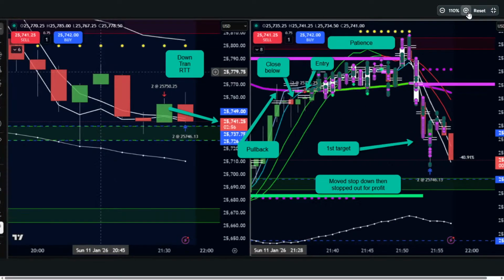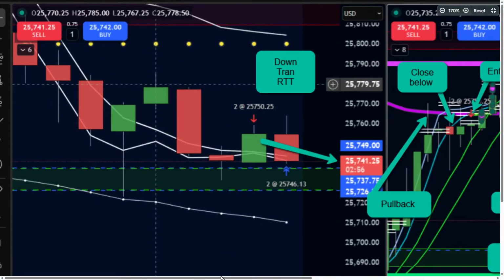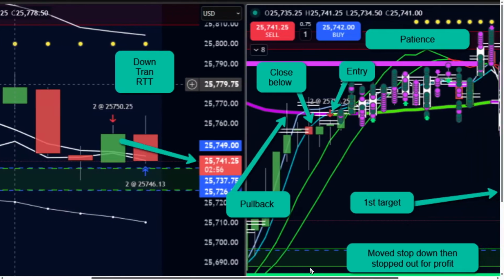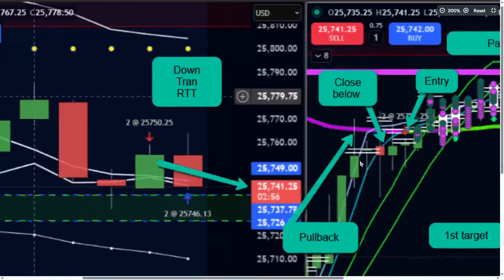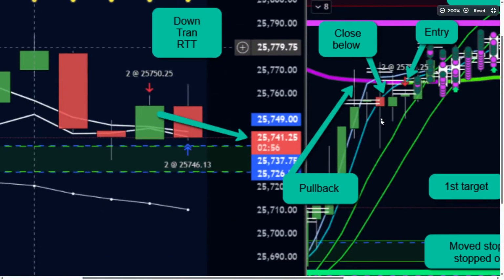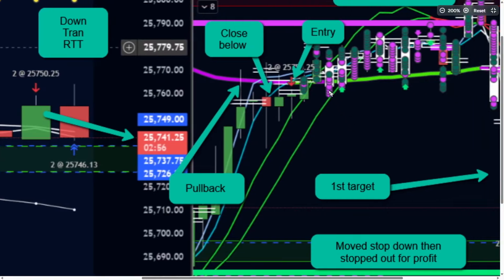So one of the things that we talk about is for a true close below, and I would let it be definitive. It's a down bar with both corners below the triggers, and this one was just a little bit early, but there it was right there. So there's your entry.